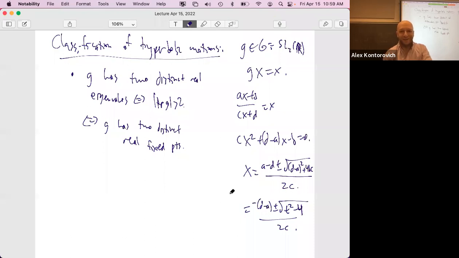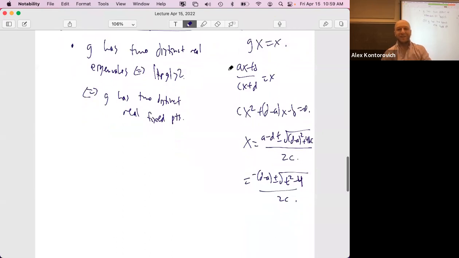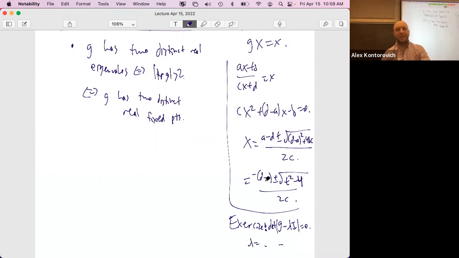A similar computation, maybe I'll leave this as an exercise. Take G minus lambda I, set the determinant equal to 0, and determine what lambda is. It's not exactly the same thing, but it also has T squared minus 4 in it, for the same reason.